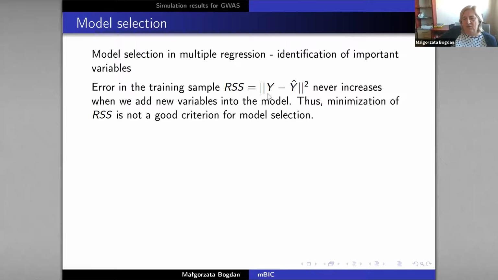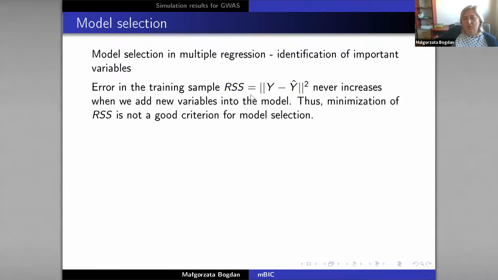So basically, the prediction error in the training sample is not a good criterion. It can be used to select between models of different dimension, but it cannot be used to select variables, because whenever you add a new variable into your model, the residual sum of squares cannot go up, and in most of the cases it will go down.